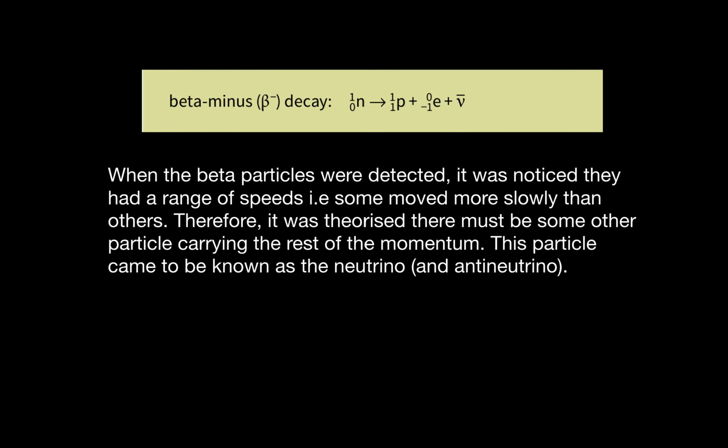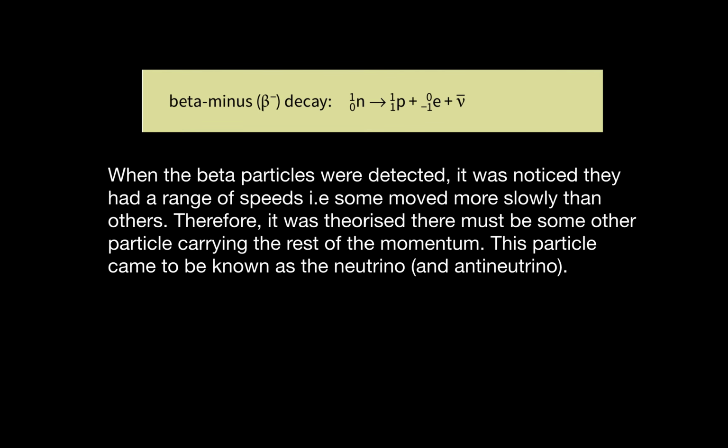The question is, what are antineutrinos and how were they discovered? So antineutrinos and neutrinos are a particle-antiparticle pair. They have zero mass and zero charge. So how did we detect them? What happened was when beta decay was being studied, it was noticed that the beta particles have a range of speeds. That means some were slower and some were faster.